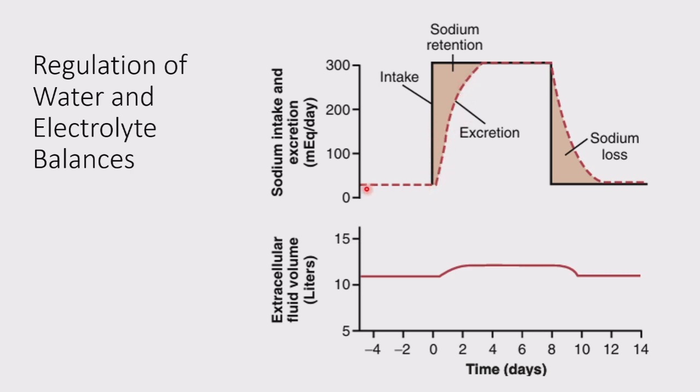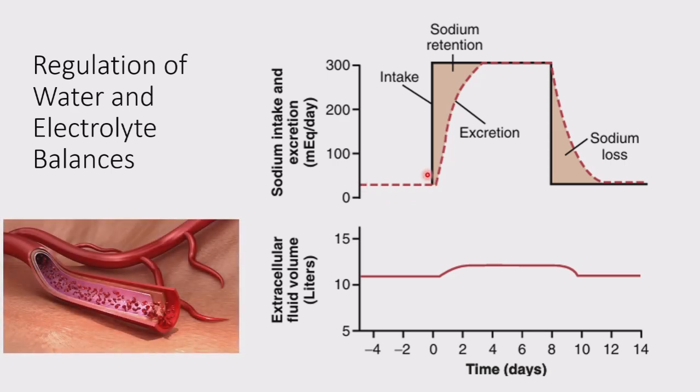Now, how does it do that? First, we need to understand that if we increase our salt intake, most of that salt will attract water from our interstitial space and then go to your blood vessels. As a result, it will raise your extracellular fluid volume or the blood volume slightly.